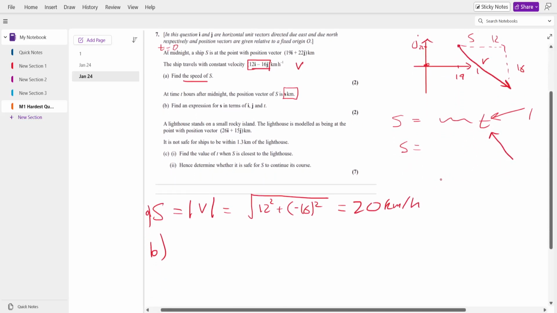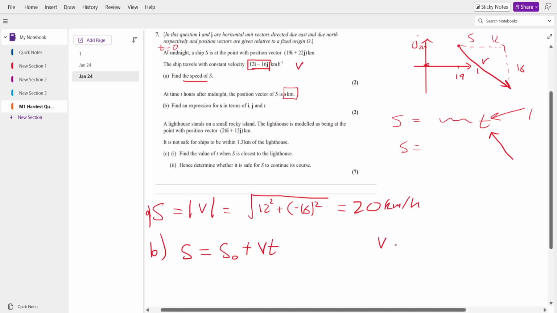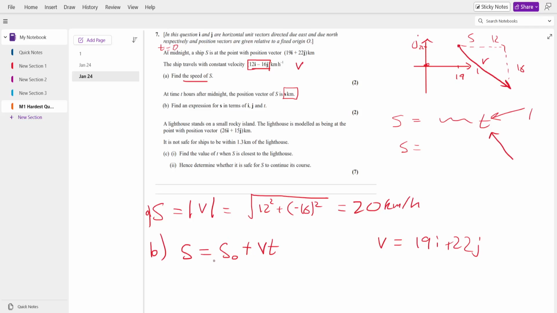As we all know, the general position vector equals the initial position vector at time t equals 0 plus the velocity vector times time. We all know and work with this, but I would just like to take 2 minutes to tell you where this came from. We know that the velocity vector is v, and we know that s is basically the position or displacement.